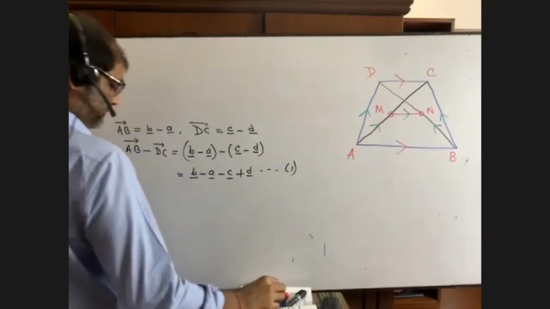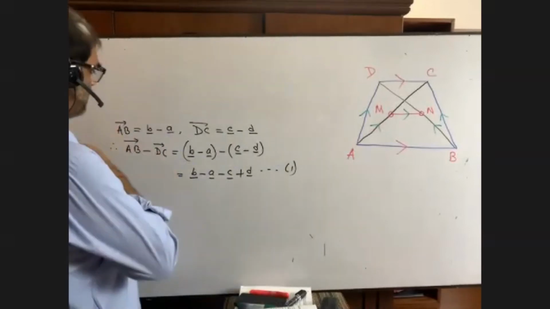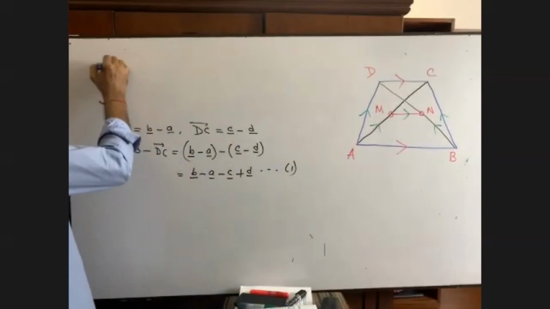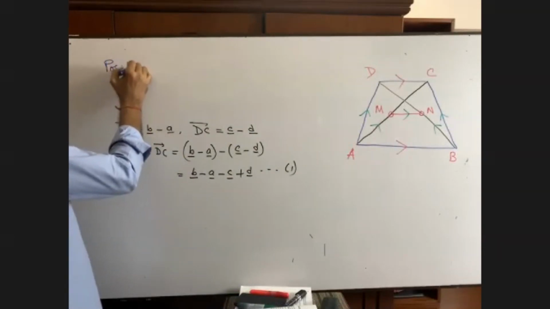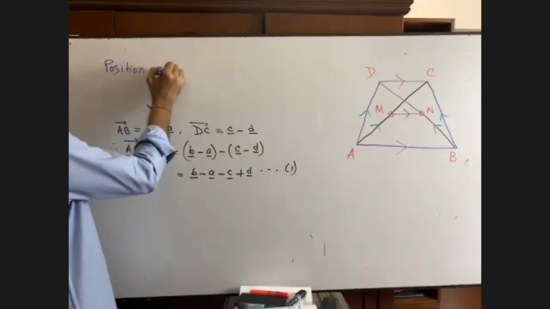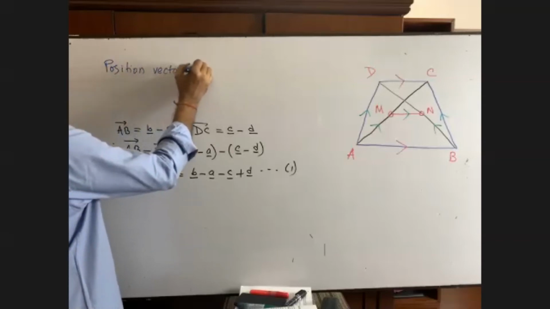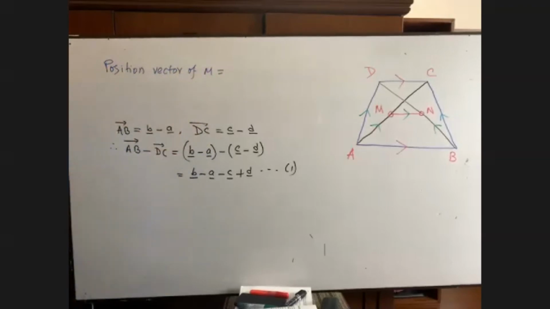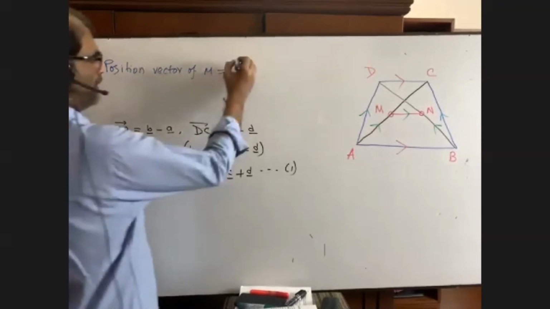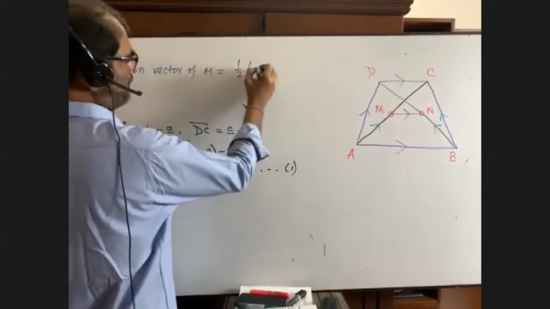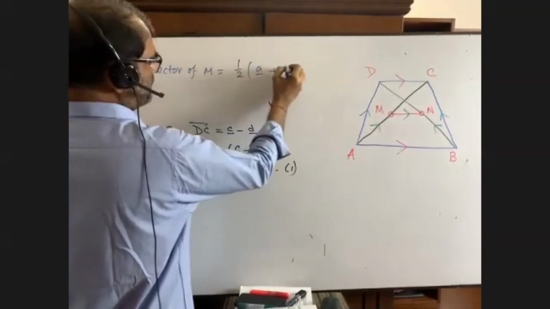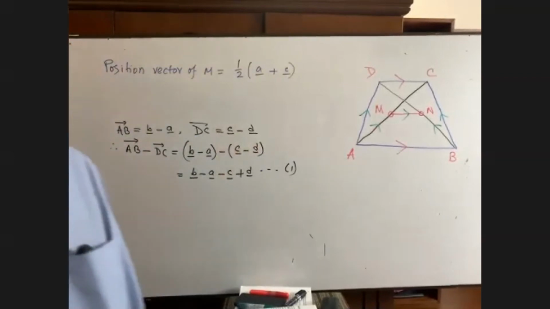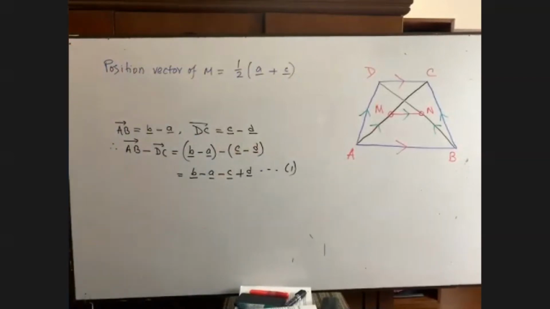Now you write down the position vector of M. What is the position vector of M? Half of A plus C, because M is the midpoint of AC, right?